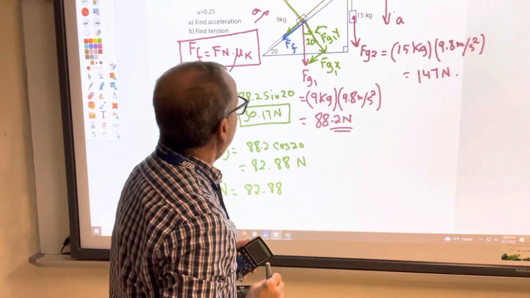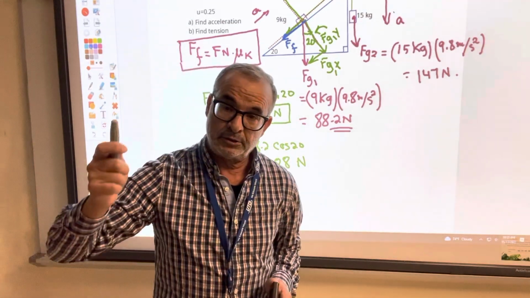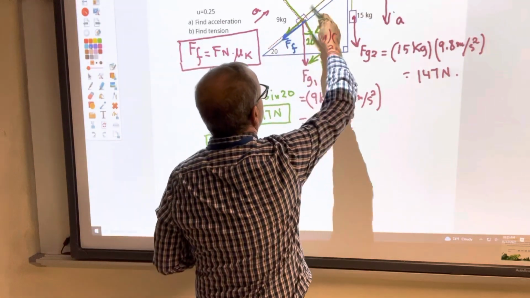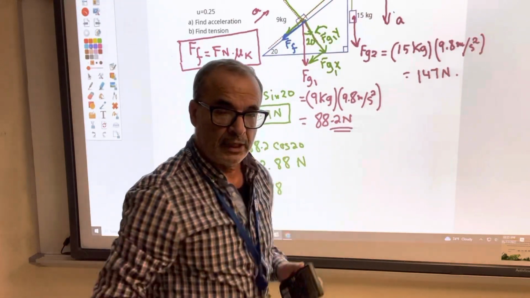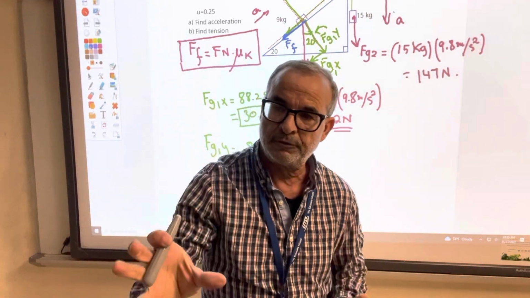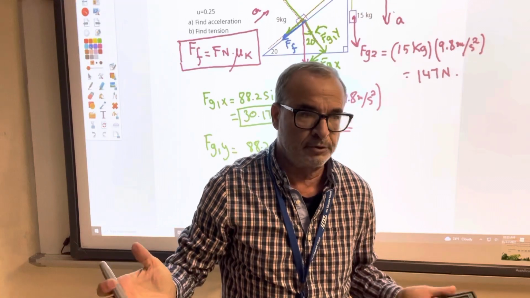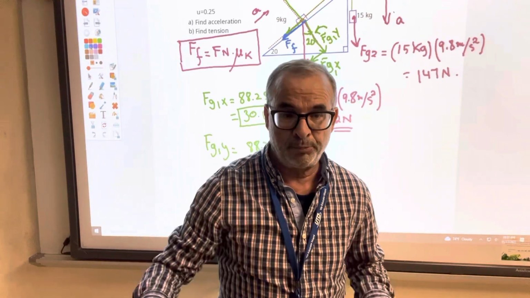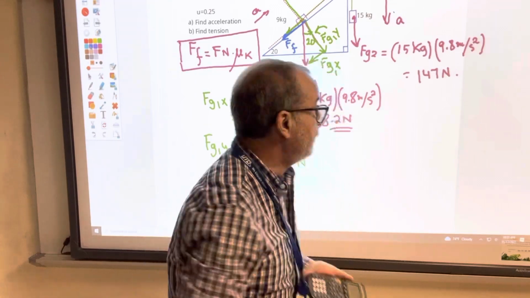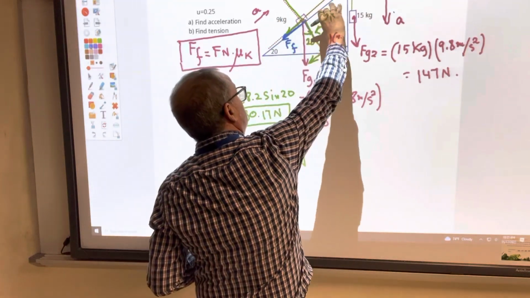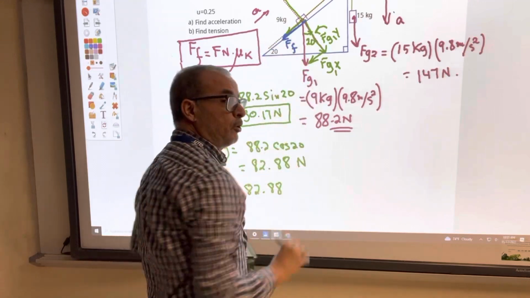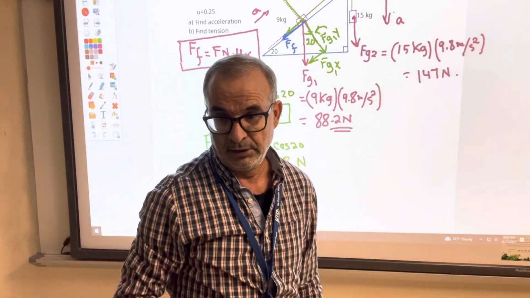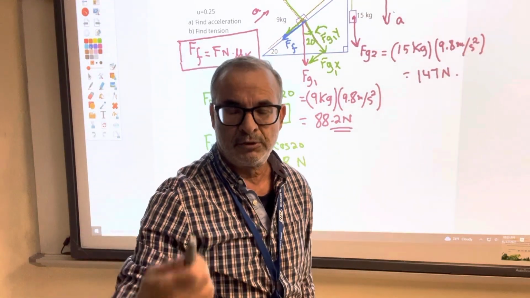It's always opposite to the acceleration. We accelerate this way, so the friction is the opposite. It's trying to prevent you from going. That's the purpose of friction: it tries to stop you from moving. If I'm moving this way, the friction pulls the opposite way. Friction is always opposite to the motion.